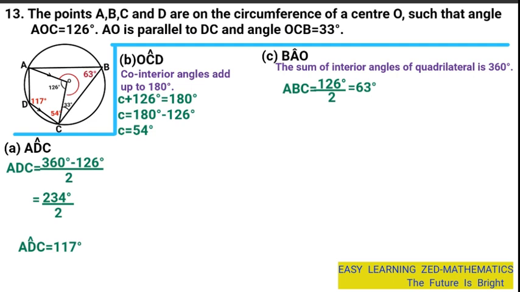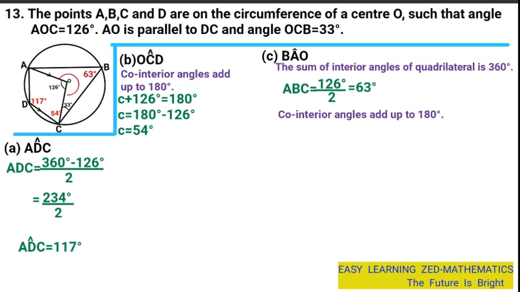Now the other angle whose value we can find is angle OAD, or angle ADO. The property we can use is the same one we used in B, which is that co-interior angles add up to 180 degrees. Angle CDA is a co-interior angle with angle DAO. So when we add 117 to angle DAO, we should get 180 degrees.